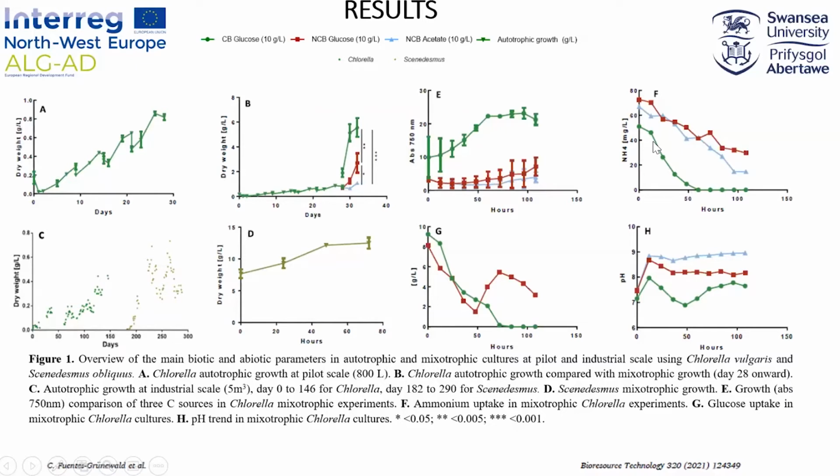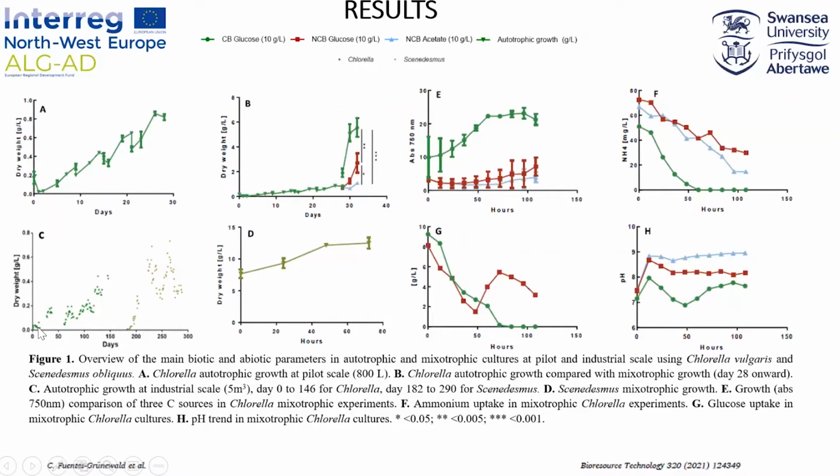The culture itself was able to uptake all the ammonia. Same for the carbon source. In this case, it was glucose, and the pH was relatively stable and lower in the case of the concentrated algae.